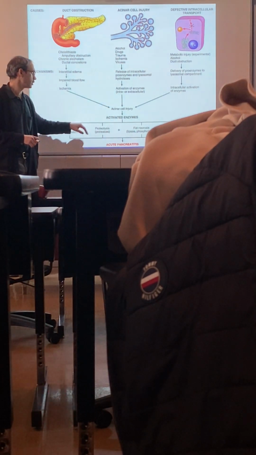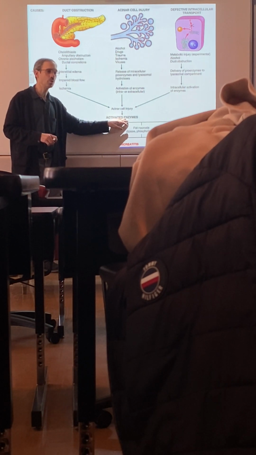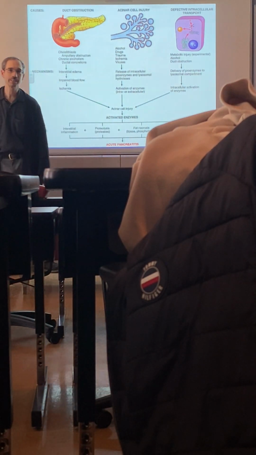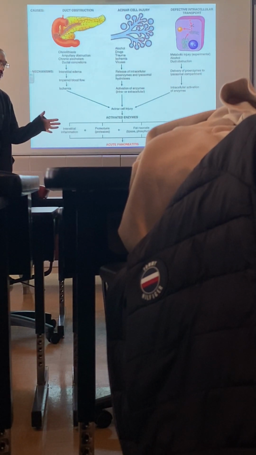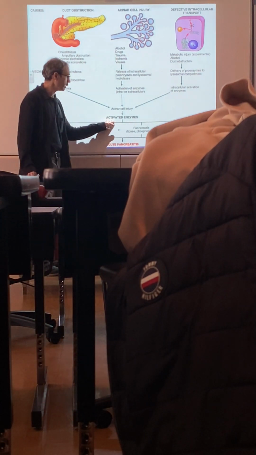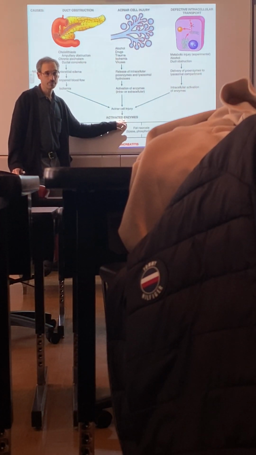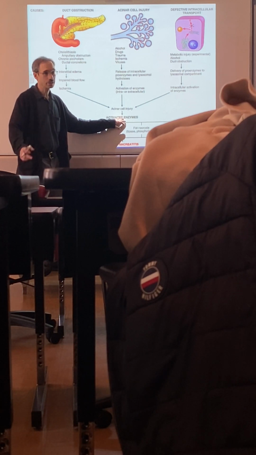The acinar cells, when they degenerate, will release their enzymes, and those enzymes will start mixing with lysosomal enzymes. The lysosomal enzymes will cleave and activate the digestive enzymes. So the lysosomal enzymes mixing in with the digestive enzymes, that's what activates the enzymes.